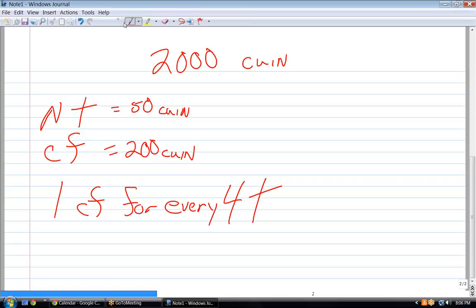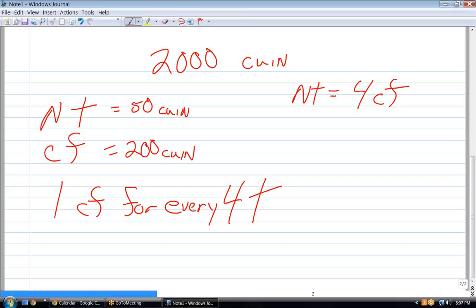I'm kind of confused, because I know that's a big part of it. That just gives me the equation NT equals 4 CF. Then that's the maximum equation? No, let me think about that for a second.